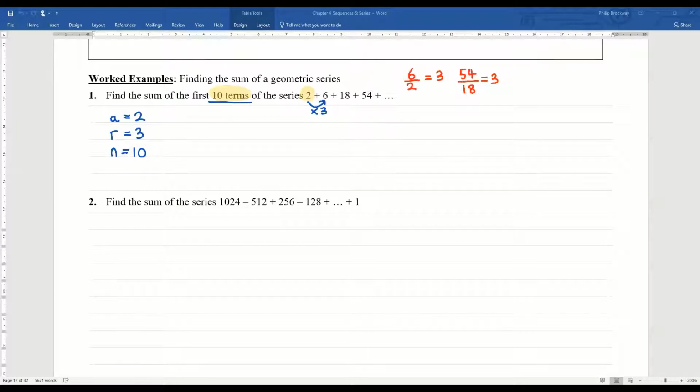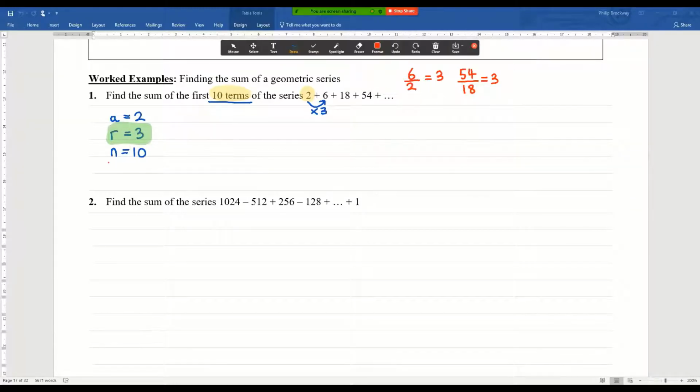You'll recall that we have 2 different versions of the formula. Now, let me give you a tip on which one to use. If this R value is greater than 1, let's write this down as a reminder.